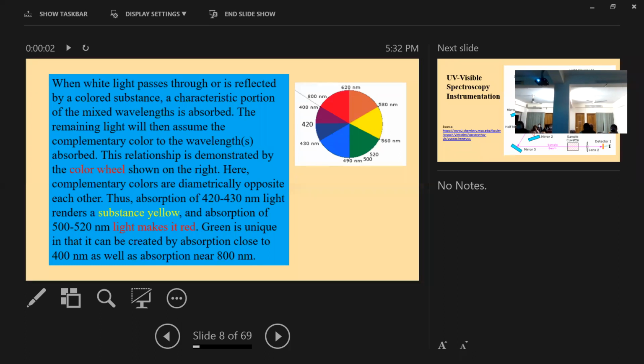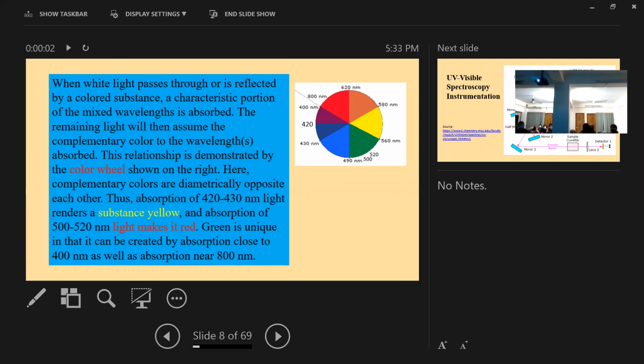Again, absorption at 420 to 430 gives yellow, and absorption at 500 to 520 nanometer, somewhere here 500 and somewhere here 520, if we consider the opposite of this ring, it should be red. So 500 to 520 nanometer light makes it red.